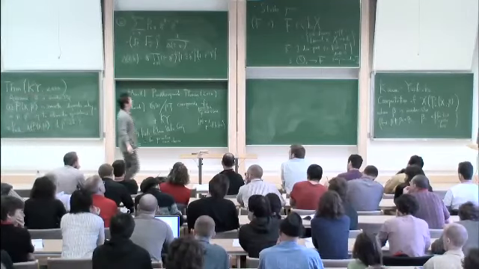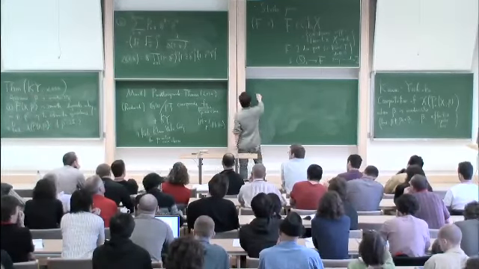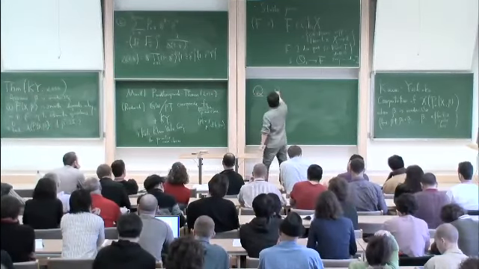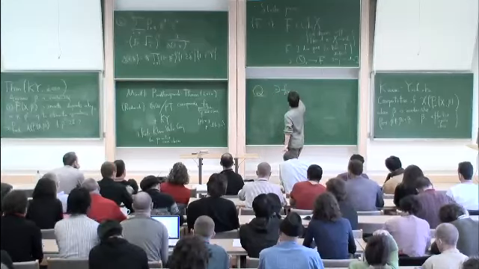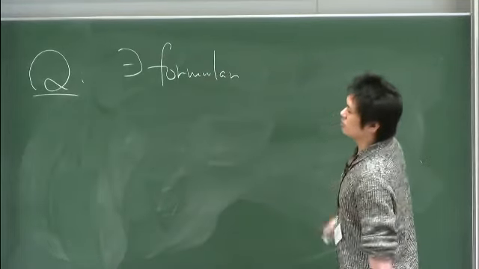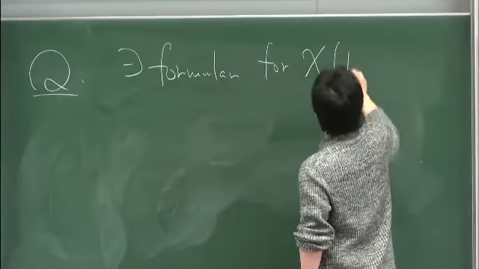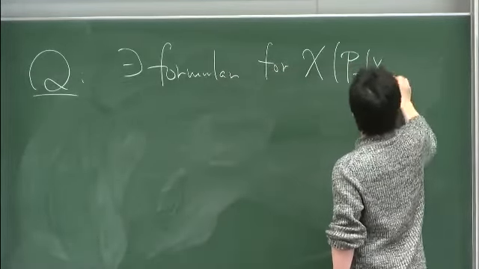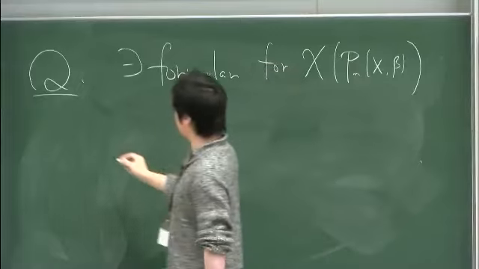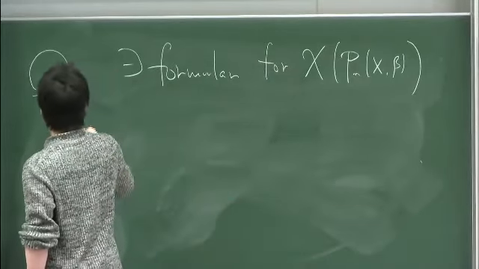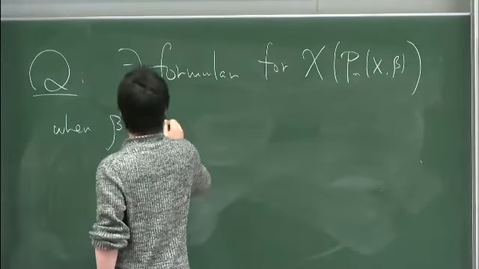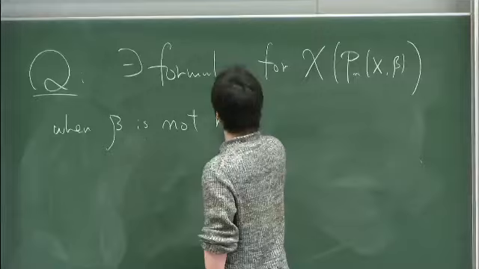So the question is, is there some nice formula for the Euler characteristic of moduli spaces for stable pairs when beta is not necessarily irreducible.